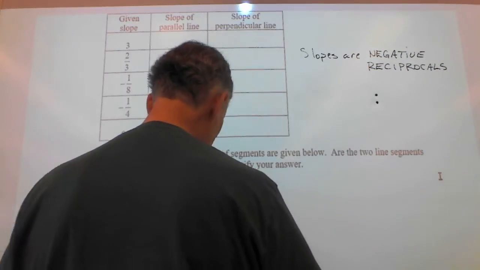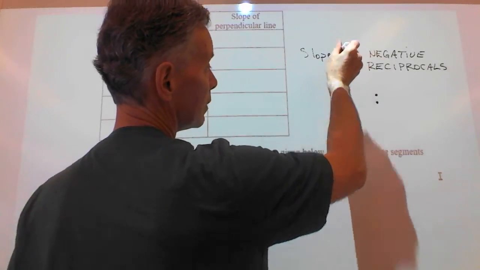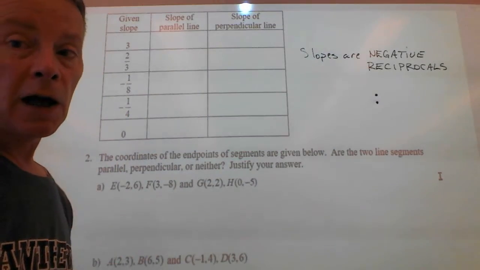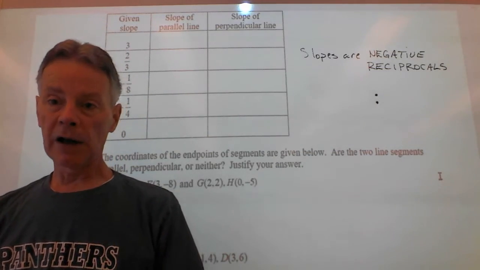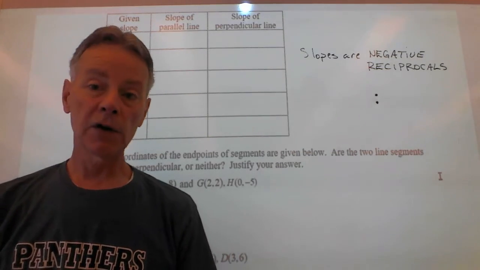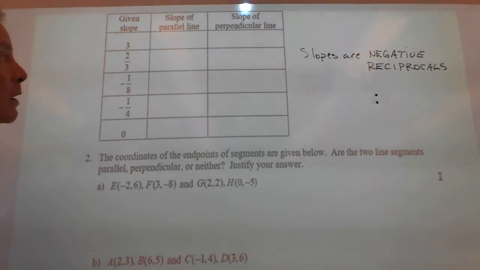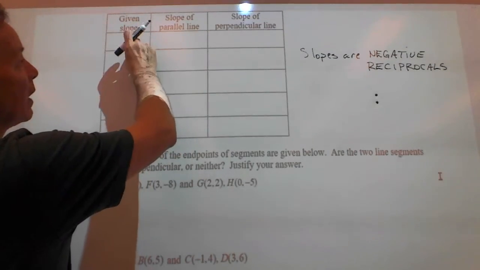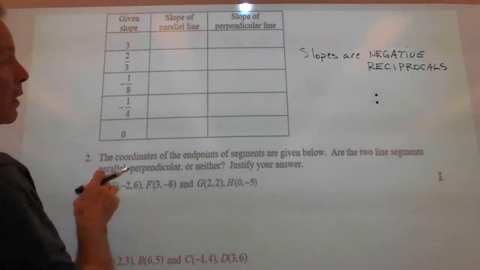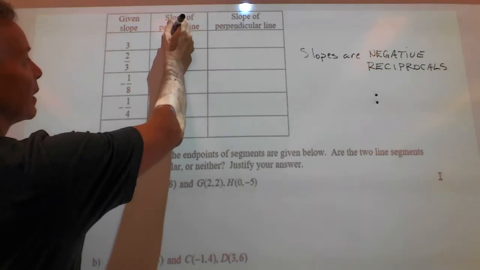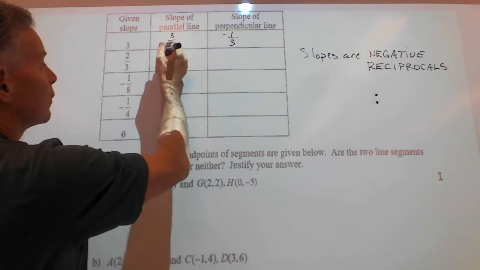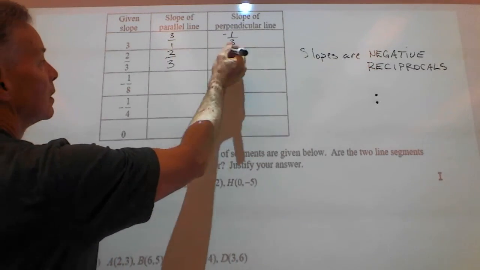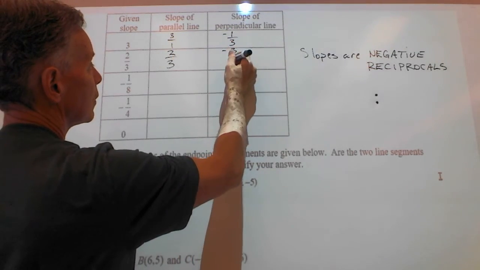Now, another thing about slopes of perpendicular lines is when you multiply them together, you will always get the same answer. And let's take a quick look at that. So, this is an example or a question that we did yesterday, and I'm just very quickly going to write in all the answers.